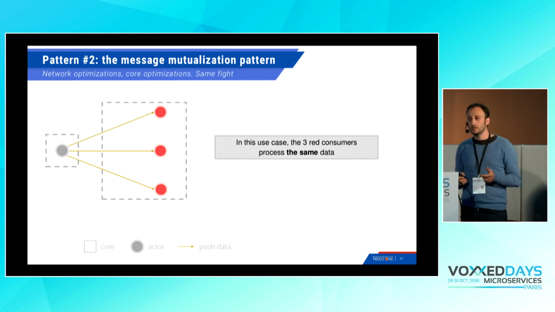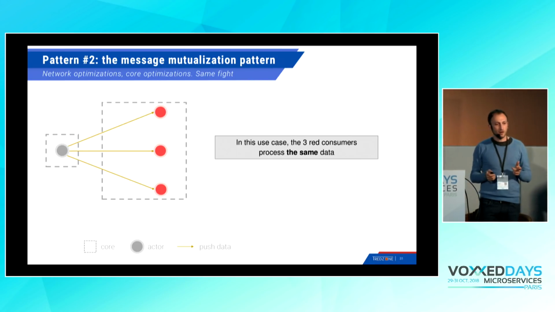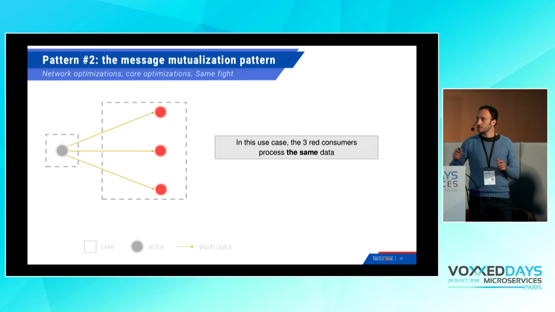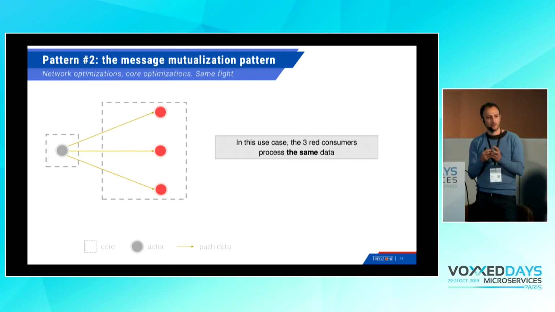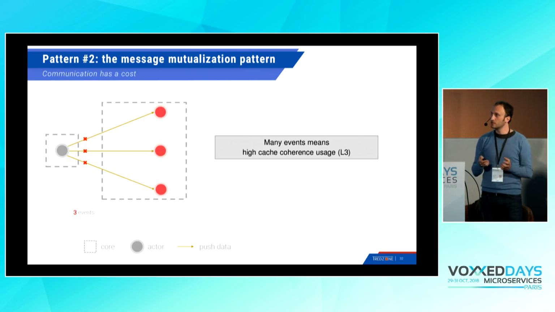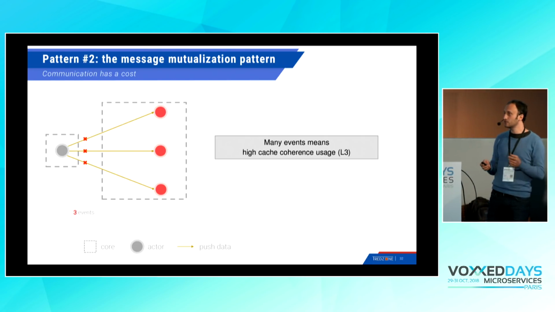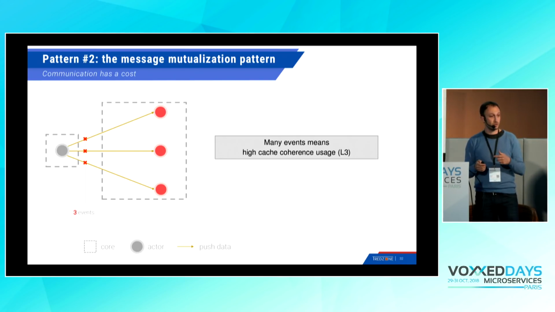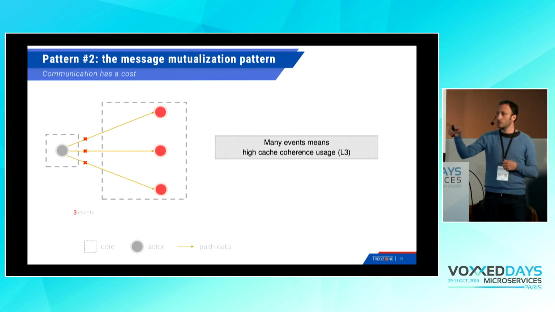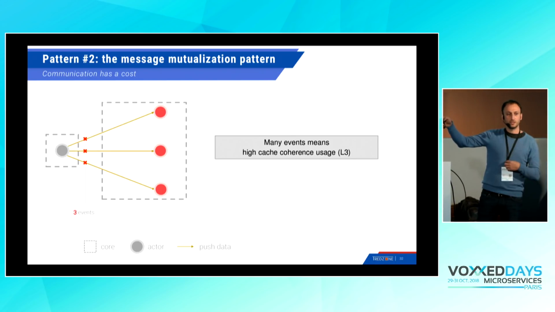If it was not cores but servers, you would try to mutualize the communication, because communication has a cost. It has a cost when it's network, but it also has a cost, like Charlie said, when you are making communication between cores.